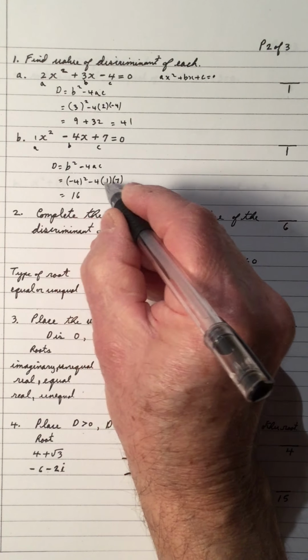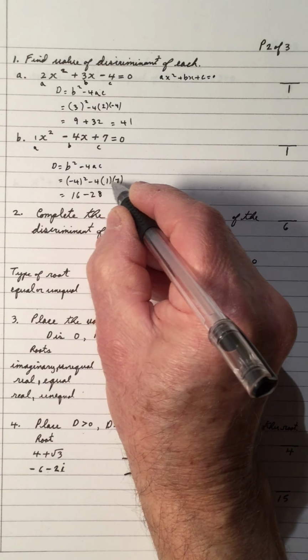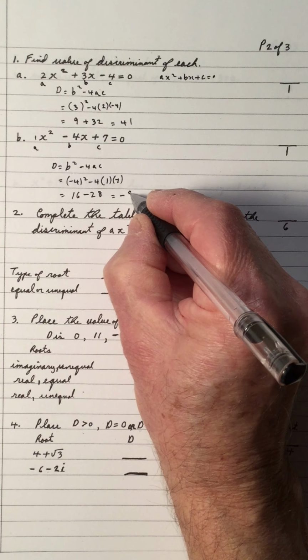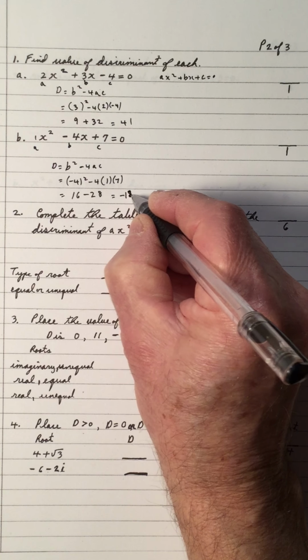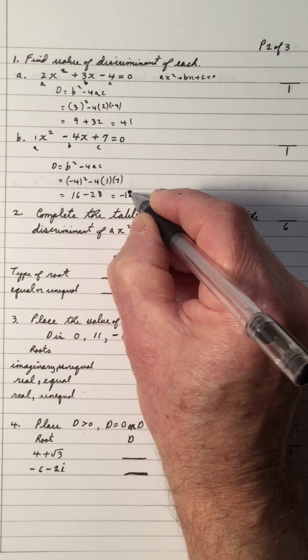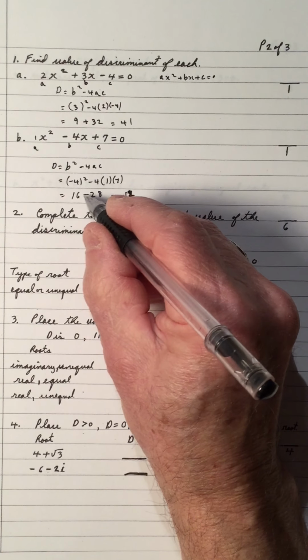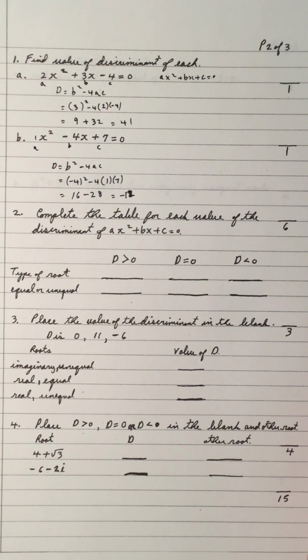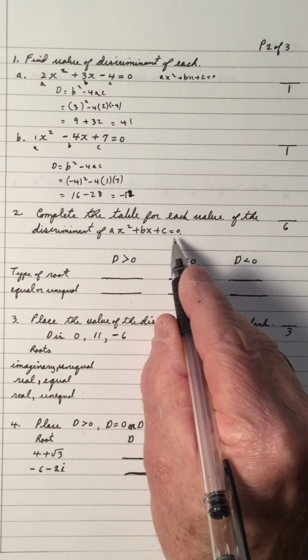We get 16. Multiply next, which gives negative 28, negative 4 times 1 times 7. Then we add to get negative 12. You swear I was a math teacher. Can't subtract. 16 minus 28 is negative 12. Give yourself another mark.